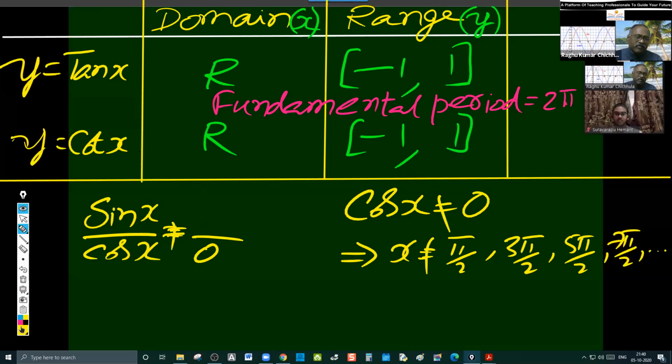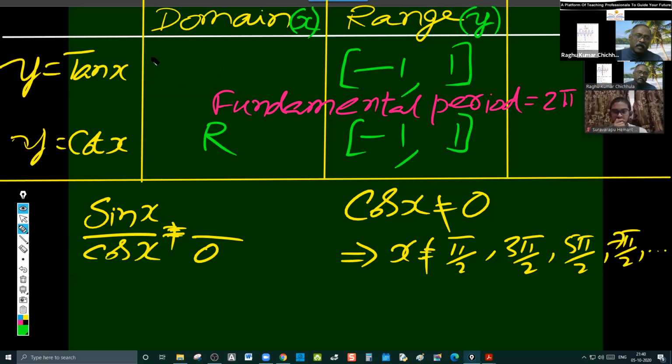You can give any real value to this, but some values are to be avoided. That's a very important point to be understood. You give any value, whatever you like, but some are to be avoided.